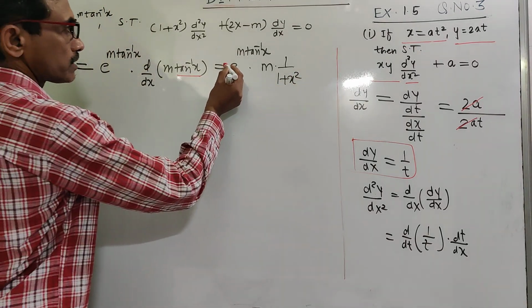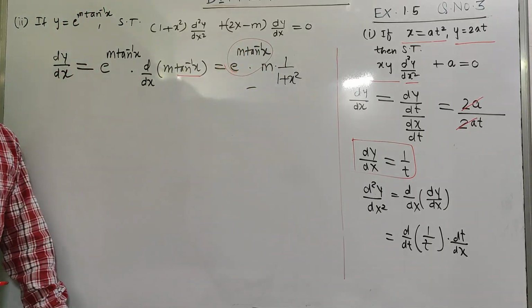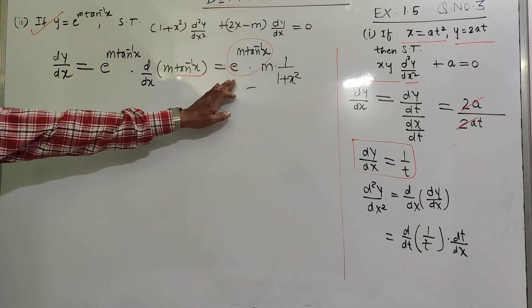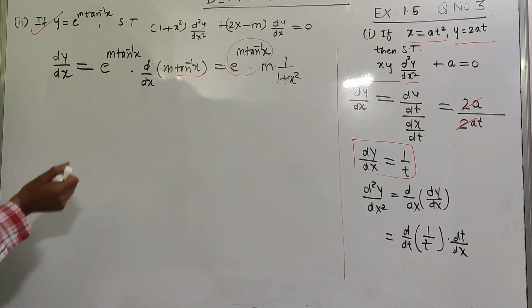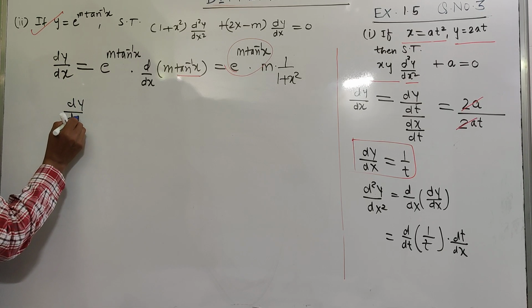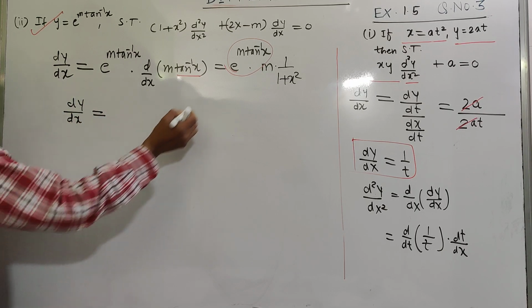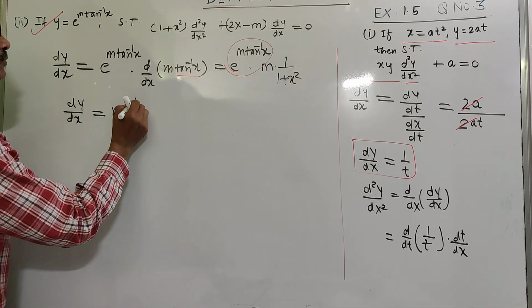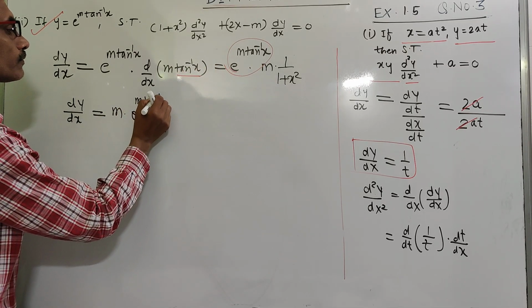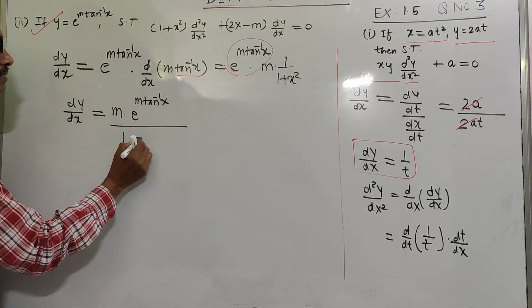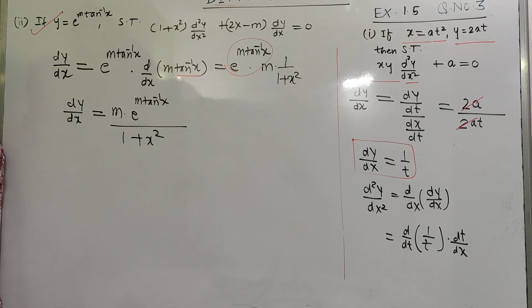But what is this e raised to power m tan inverse of x? It is y. So in place of this we will write y, so that dy by dx is equal to e raised to power m tan inverse of x, and denominator is 1 plus x square.